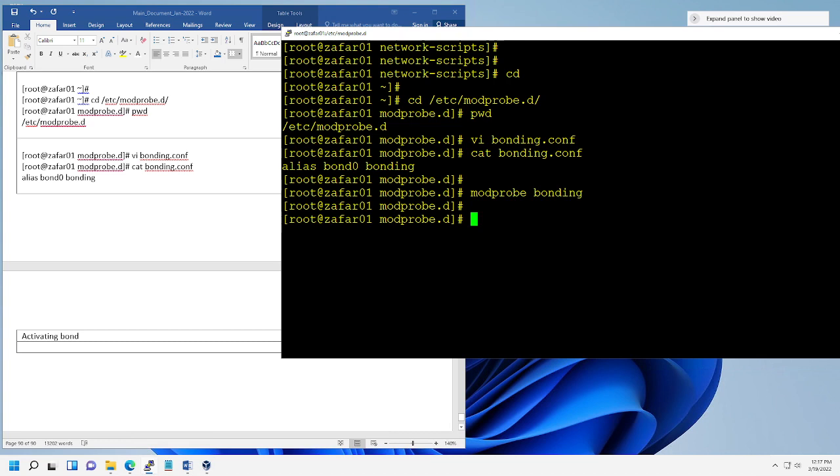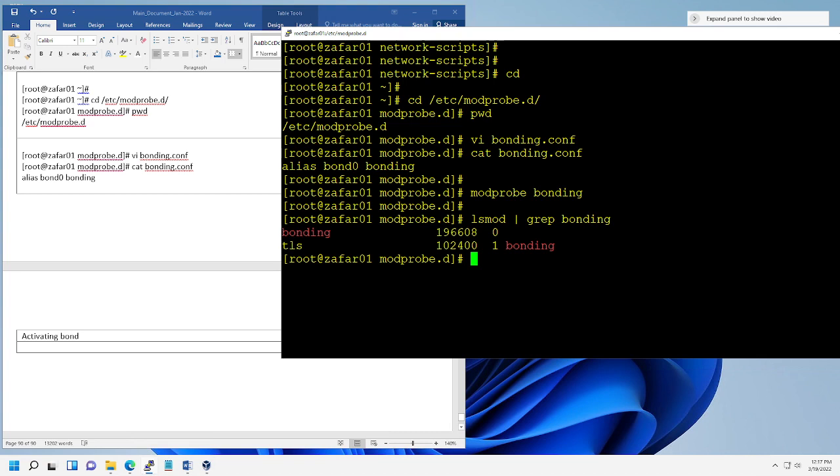Okay, so we started the bonding and now we need to see if the bonding is working or not. We'll do lsmod and we're going to grep for bonding. And there you go.